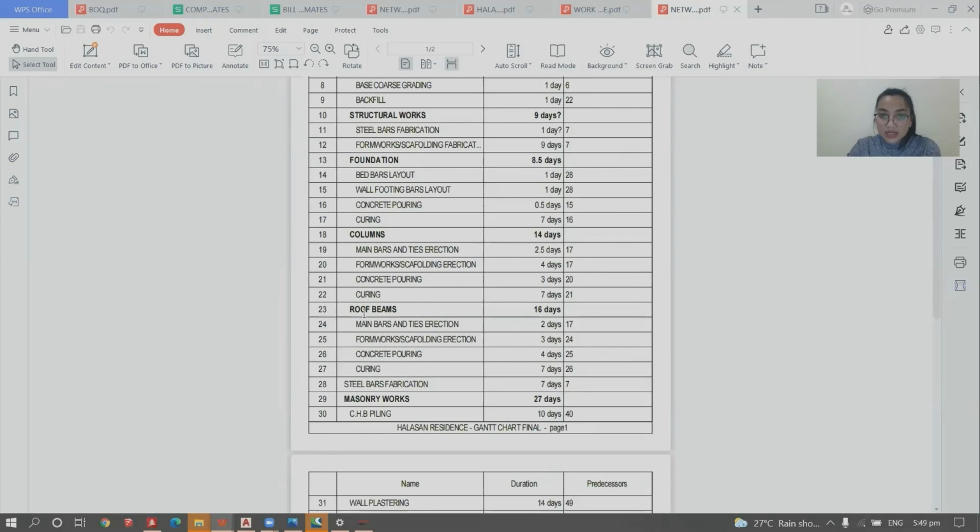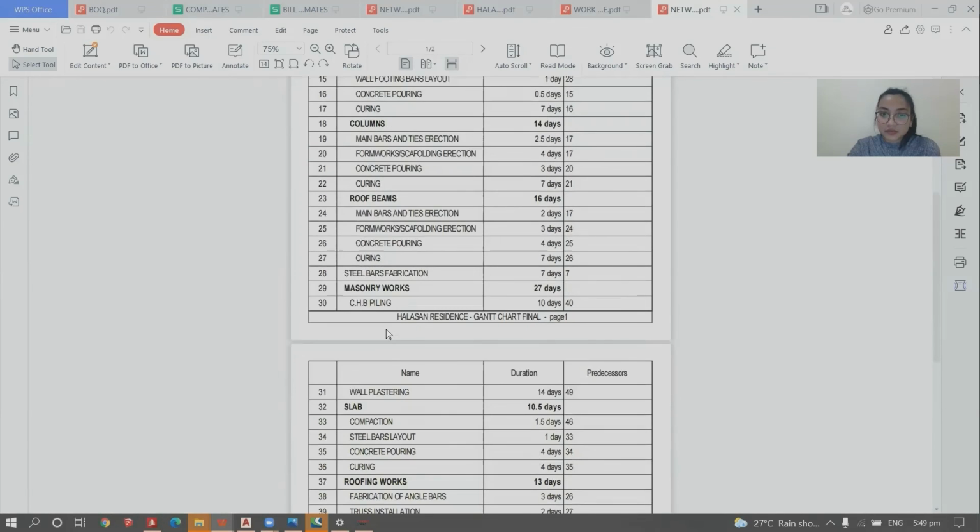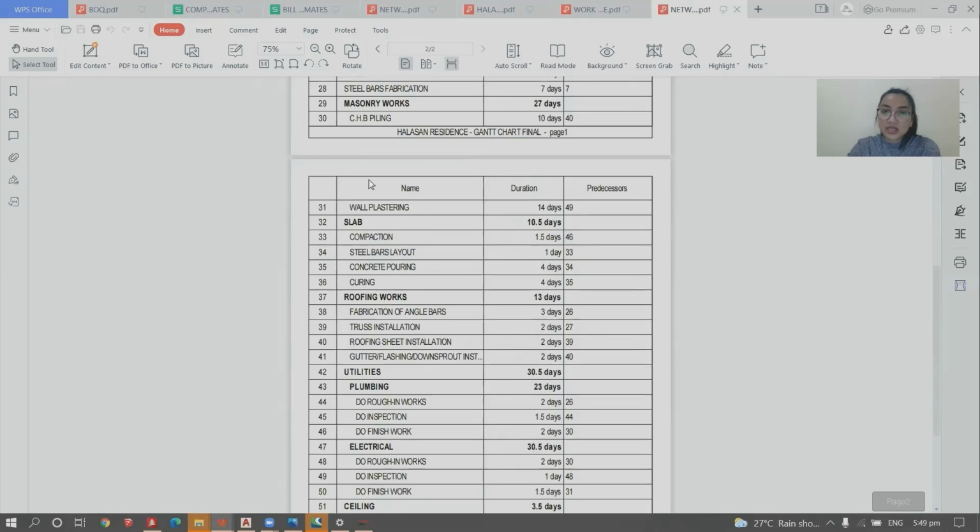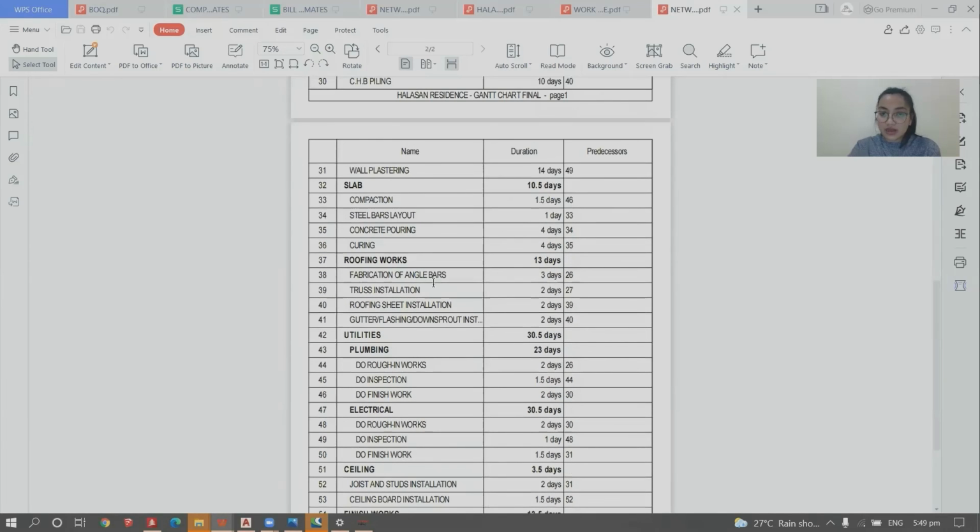Same then under roof beams. Then we have masonry works, HB piling, wall plastering. For slab, compaction, steel bars layout, concrete pouring and curing. Roofing works, fabrication of angle bars, truss installation, roofing sheet installation, gutter flushing, downspout installation.